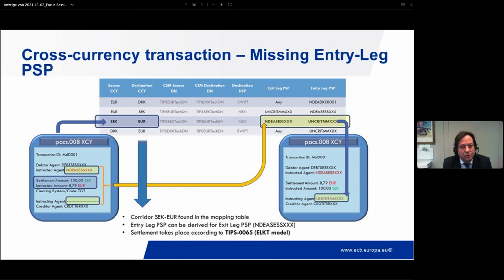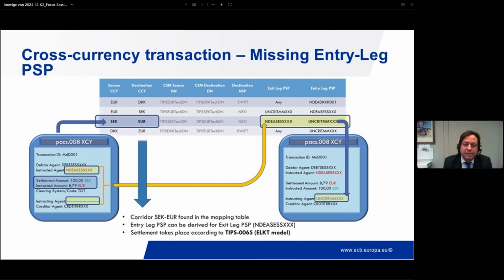But in order to do so, there will be an additional piece of information, which is the entry leg PSP. And this can be derived through a second access into the mapping table. And as you can see here, there is a match between the exit leg PSP present in the message and a given entry leg PSP.